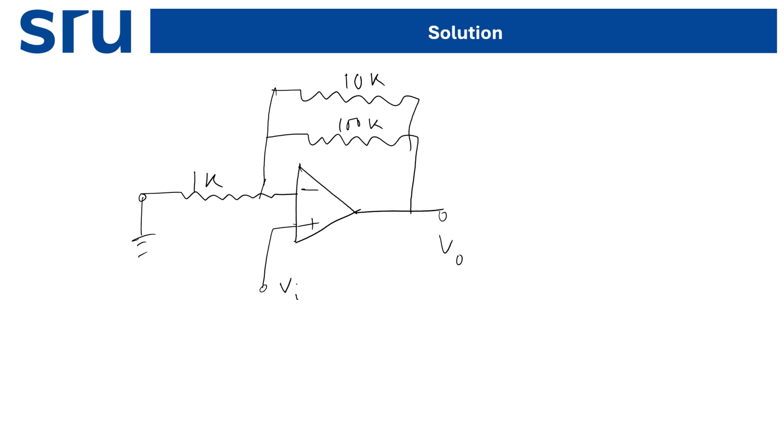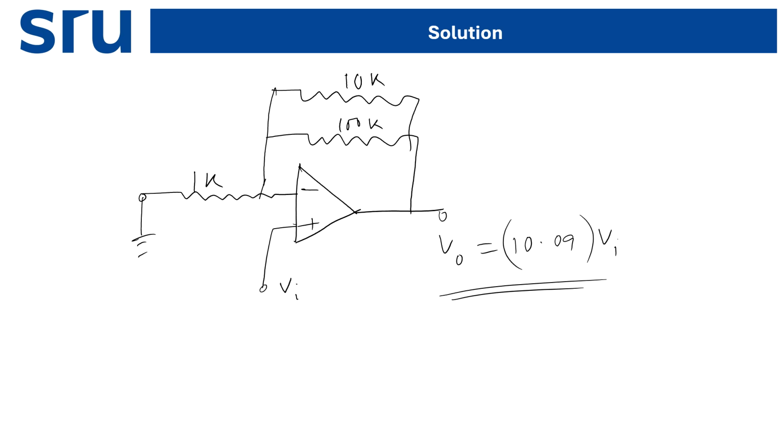From here we can easily see that Vo is equal to 10.09 of Vi. This is how we can implement the amplifier which can give a gain of 10 or more.